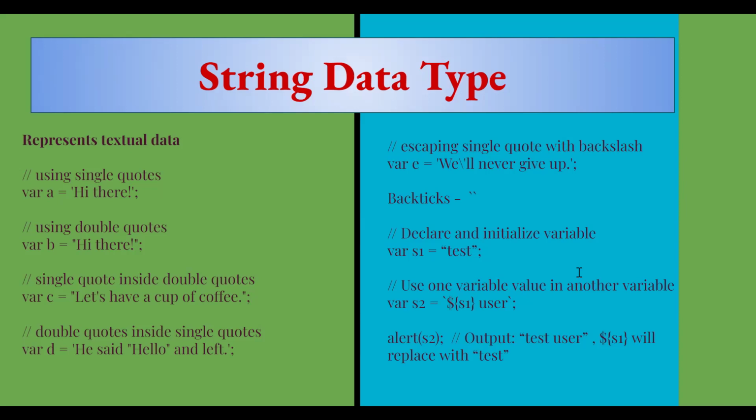This is done by wrapping variables with $ curly braces. Here is an example. In variable s2, we created a string with backticks instead of quotes and added variable s1 in the $ curly brace symbol. In the output, it will replace this variable with its value.